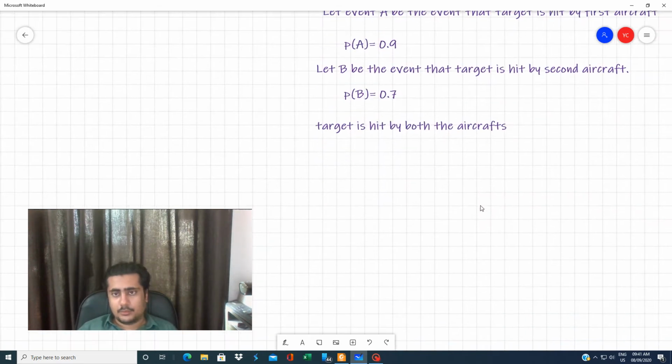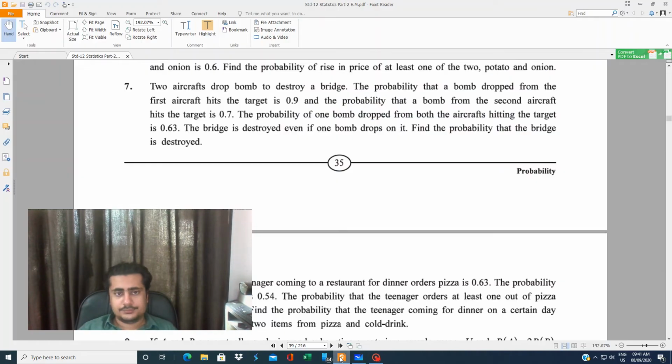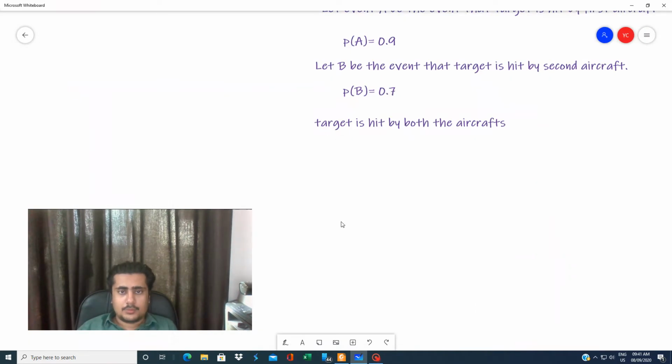P of A intersection B is 0.63. What is this, sir? Targeted by both the aircraft. As I told you that if it is both, then obviously it is the intersection.